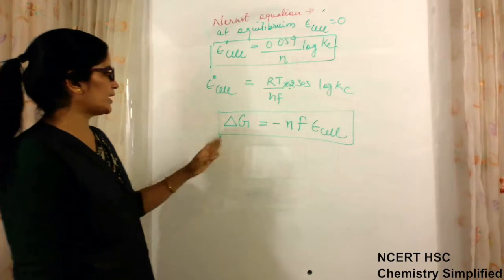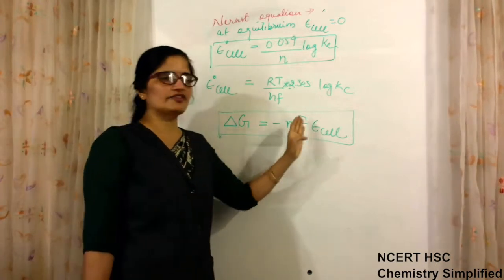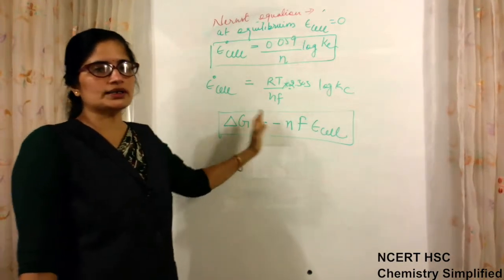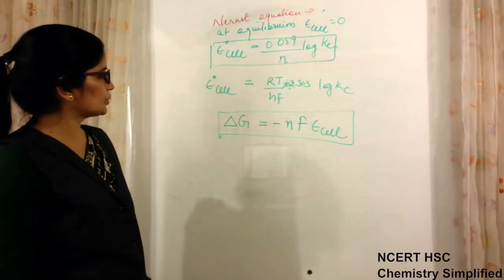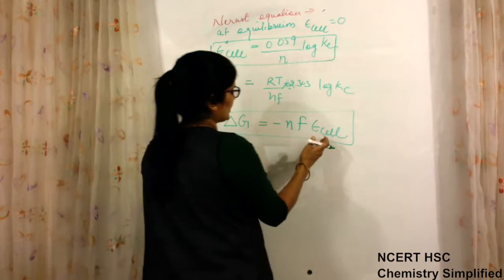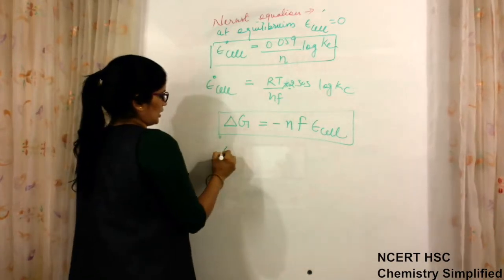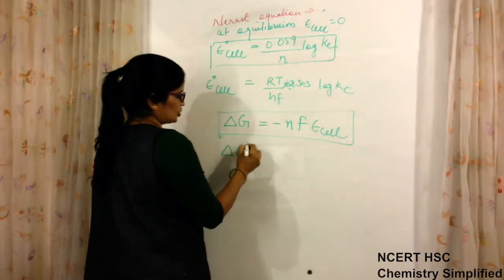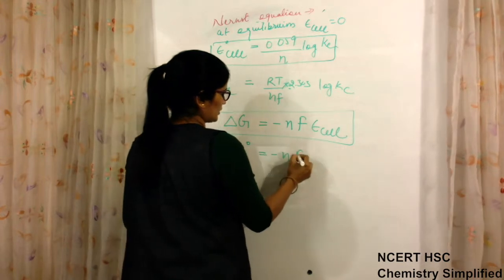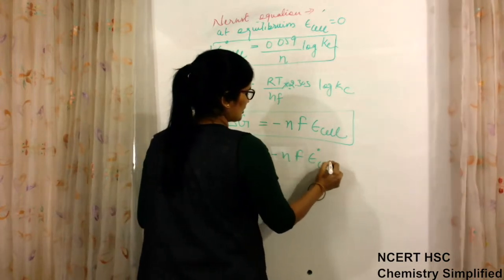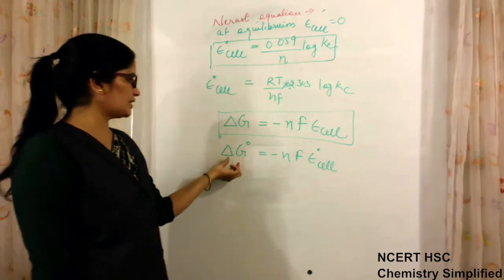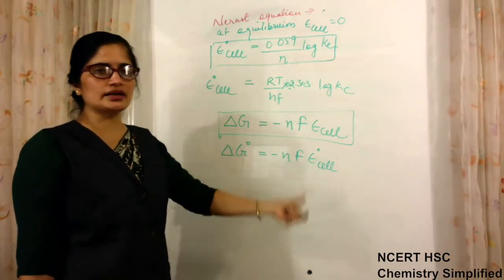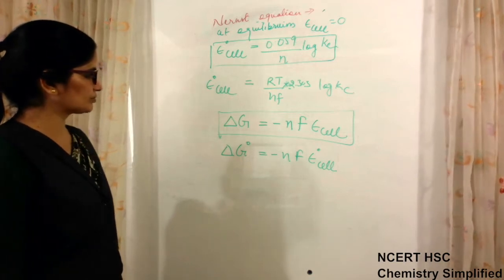Delta G is given in electrochemistry by minus nFE cell, and here also delta G is for judging the spontaneity of a reaction. If the reaction is under standard conditions, it will be E standard for the cell. That means when electrode potentials are standard, at that time the Gibbs energy will be known as standard Gibbs free energy.